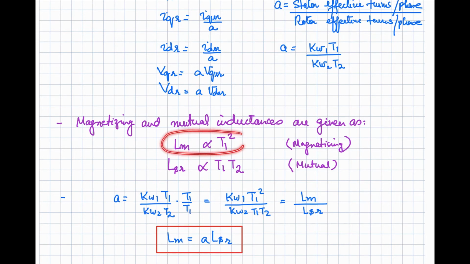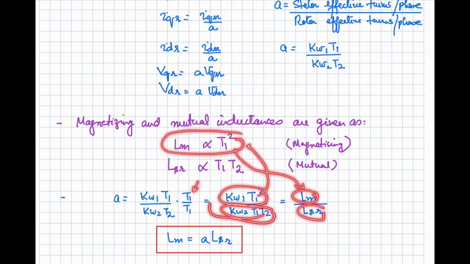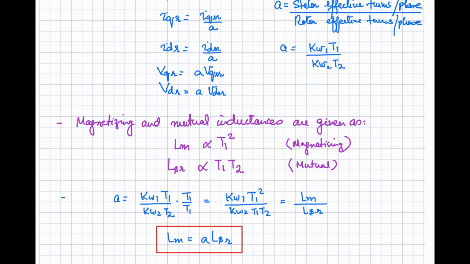Basically, the purpose of this multiplication is that we can write it in terms of the inductance. So this can be written as Lm over Lsr, because this is proportional to the magnetizing inductance and this is the mutual inductance. So A can be written in terms of the magnetizing and the mutual inductance, and these two can be related with each other. Now with the help of this A, that is the effective turn ratio between stator and the rotor, right?